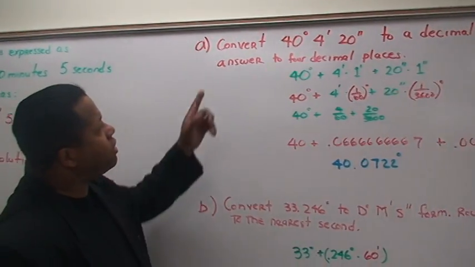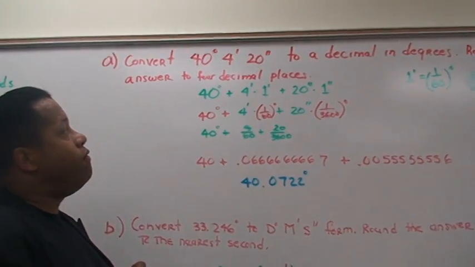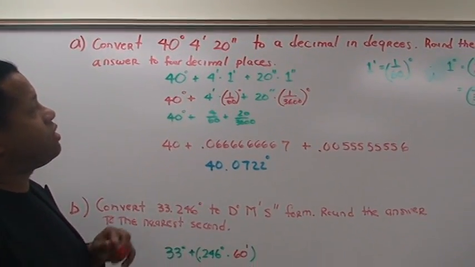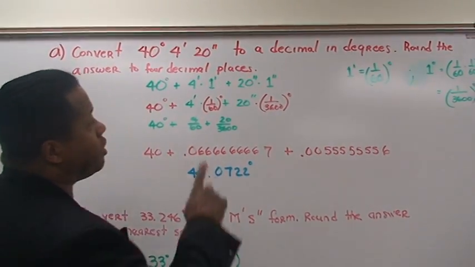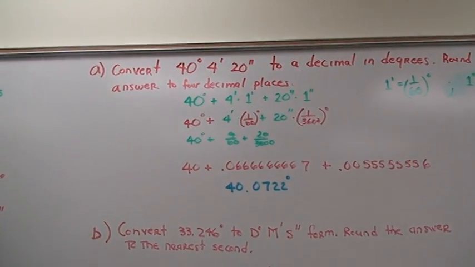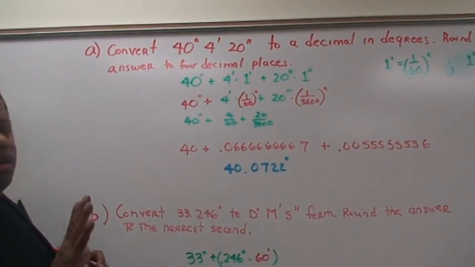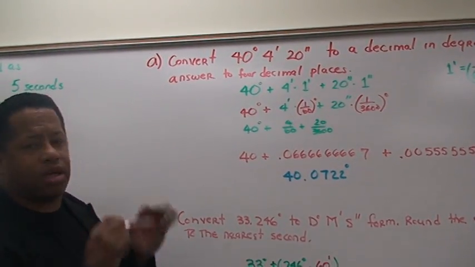Okay? Let's convert 40 degrees, 4 minutes, and 20 seconds to a decimal in degrees. And then let's round this to 4 decimal places. Now, I break everything down in detail.